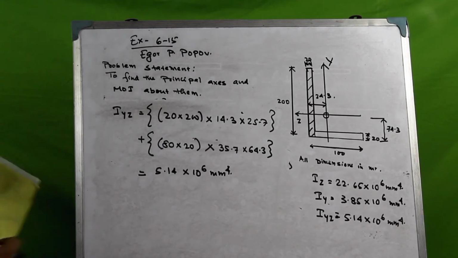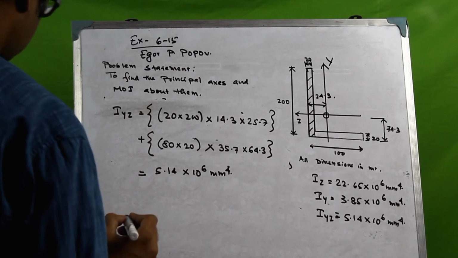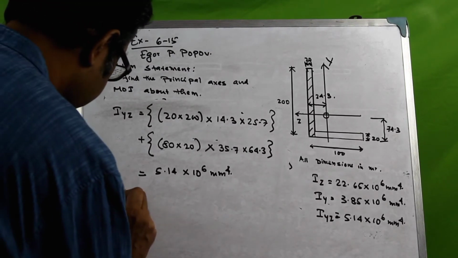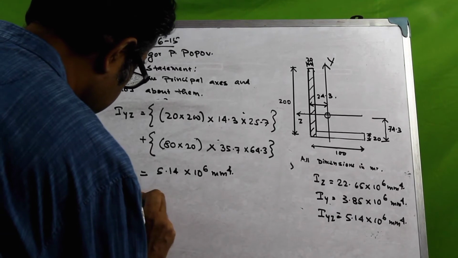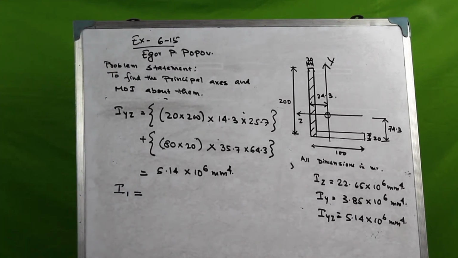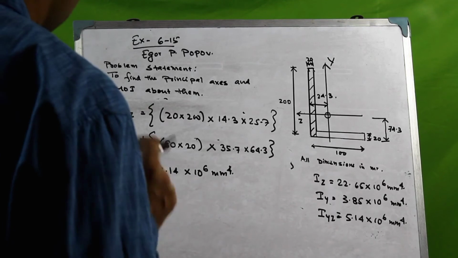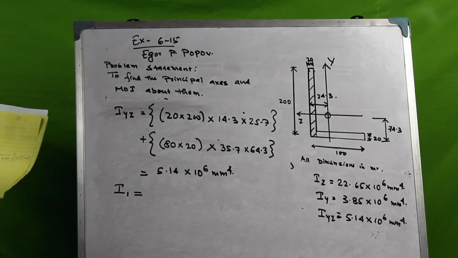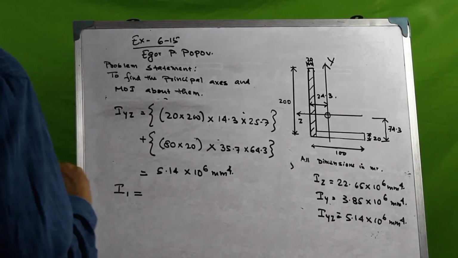So how do we calculate the principal moment of inertia? Well, remember the equation that we have derived in the last session. If you do not remember what that expression is or how we have derived that expression, you can go to that session by clicking on the link that is appearing above.